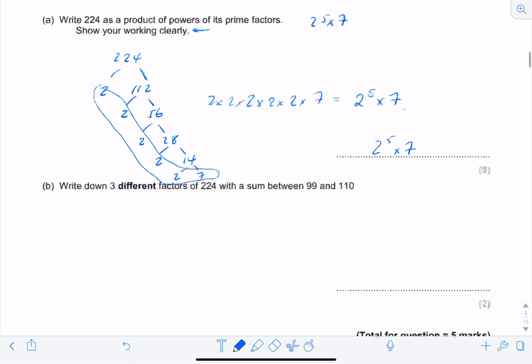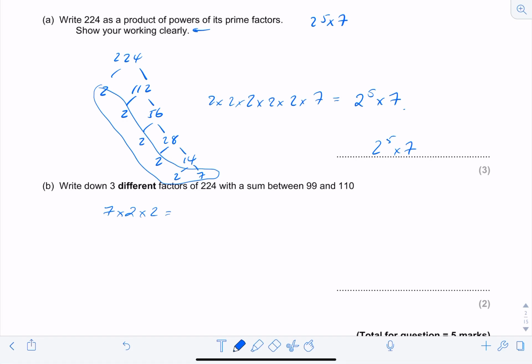Next one is write down 3 different factors of 224 with a sum between 99 and 110. Okay, so how can I get to a sum between 99 and 110? I'm going to write down 7 times 2 times 2.